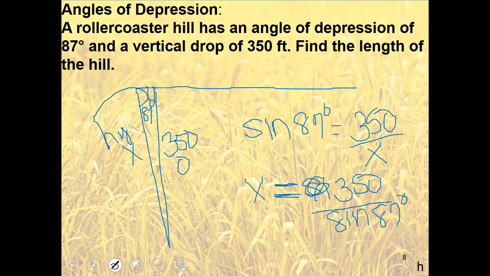It actually has to be longer. So the thing is that you have to start these people higher than 350. Otherwise, you're going to crash into the ground. Whoops, sorry. 350 divided by sine of 87 equals 350.5 feet.